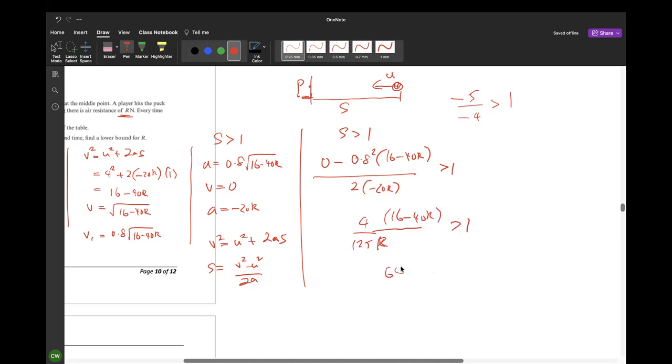Cross multiply: 64 more than 160R plus 125R, that is 285R.